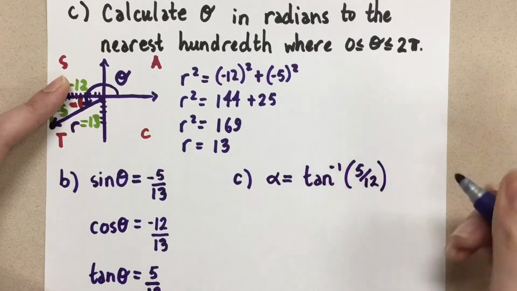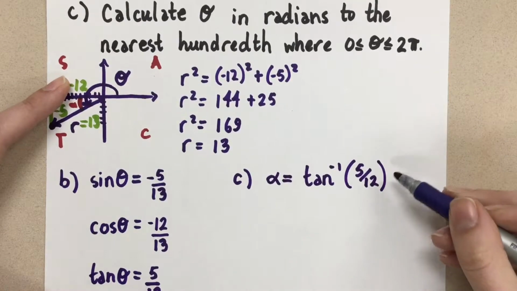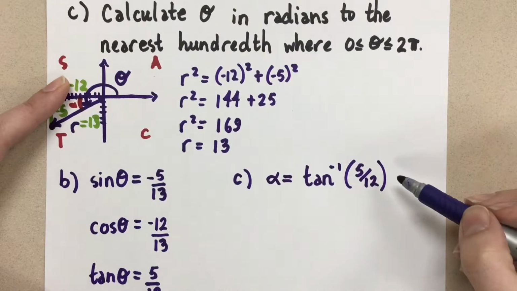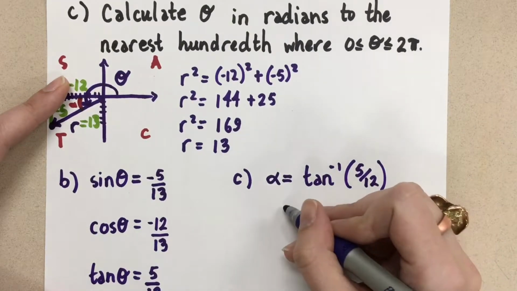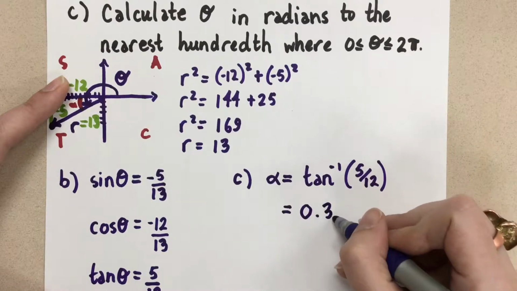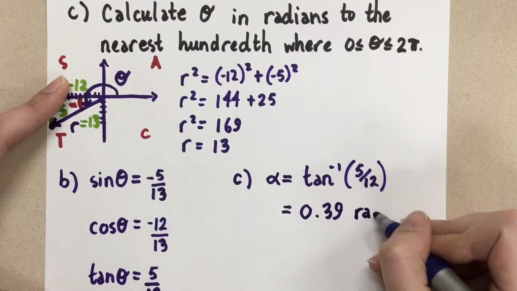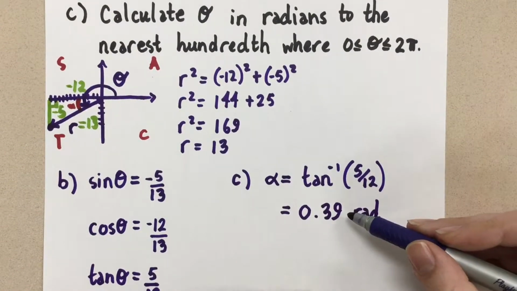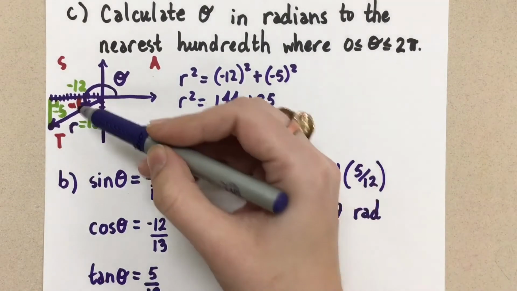Now you want to use your calculator for that value. Make sure your calculator is in radian mode because that's what we're working with now. When you do that, you're going to get 0.39 radians, and we are rounding that to the nearest hundredth. So that's the related acute angle in the drawing.